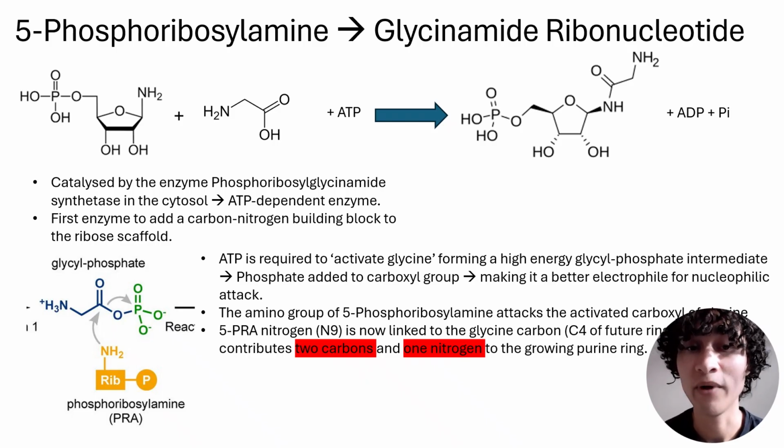So you've now incorporated that glycine structure into your 5-phosphoribosyl amine, to give you glycinamide ribonucleotide.